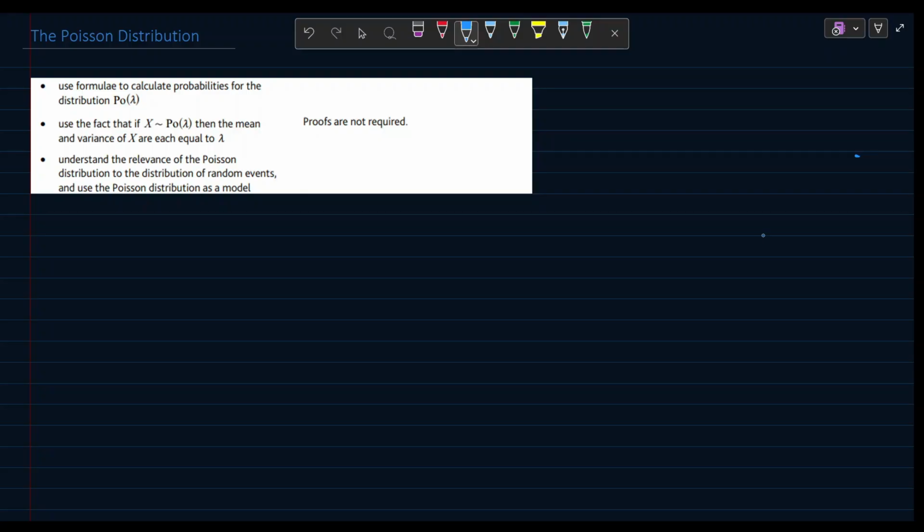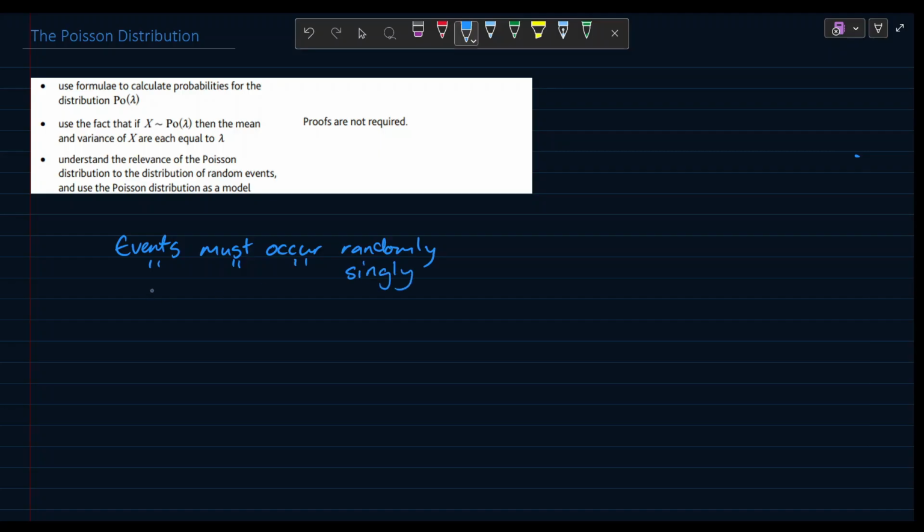And there are four conditions that must be met for a Poisson distribution to be a suitable model. So those conditions are as follows. Events must occur randomly. This is the first condition. The second, events must occur singly.